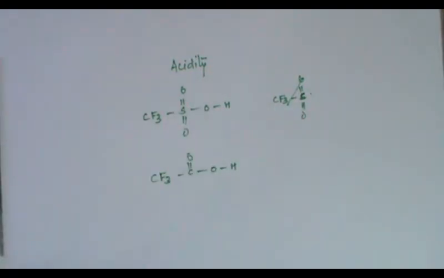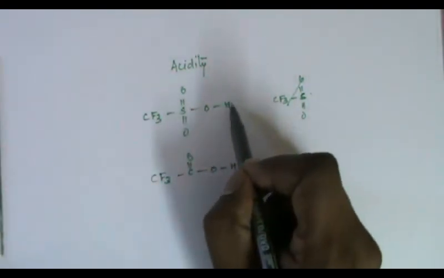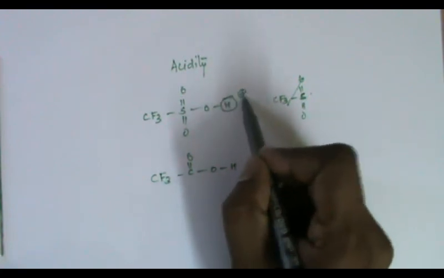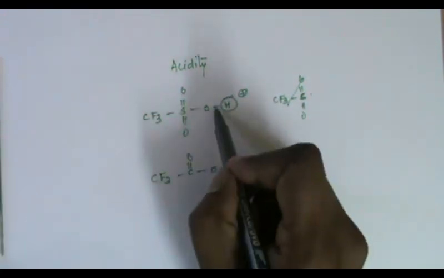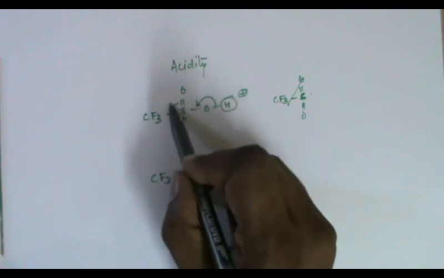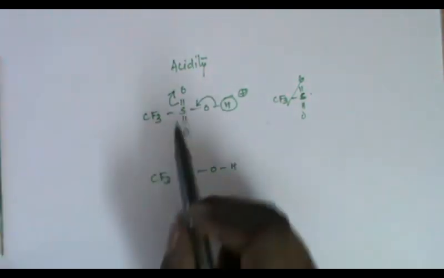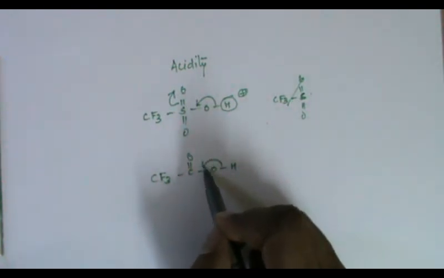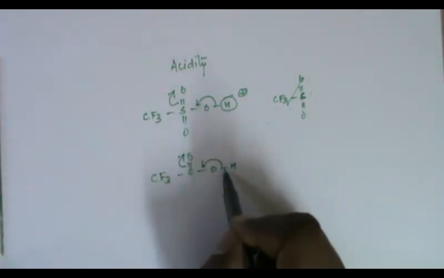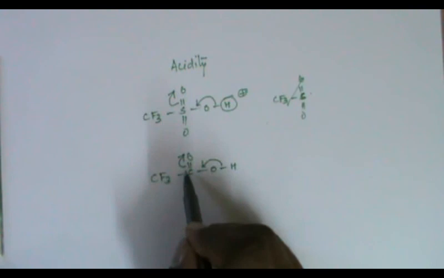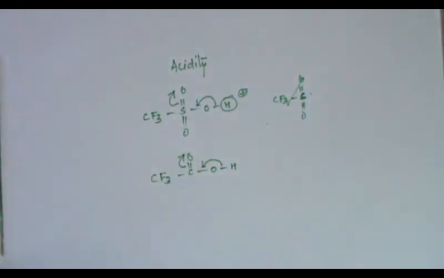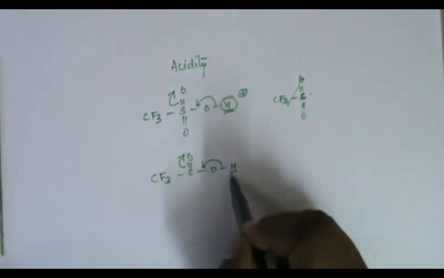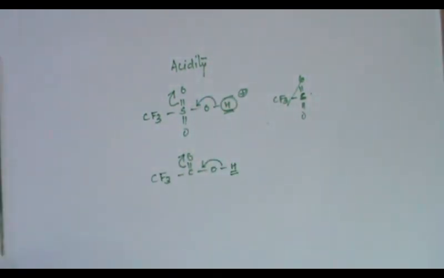In this case, if this leaves as H+, the resulting minus charge can delocalize over this oxygen atom. Similarly, this bond can resonate over this oxygen atom. So because of that, this hydrogen becomes more acidic.